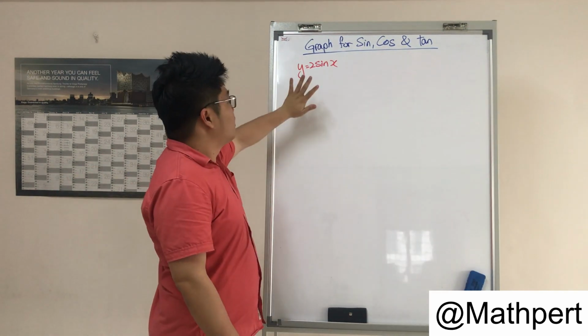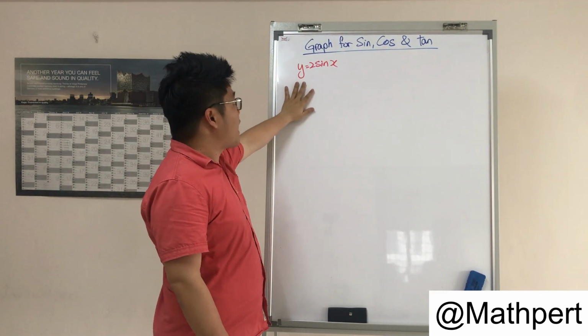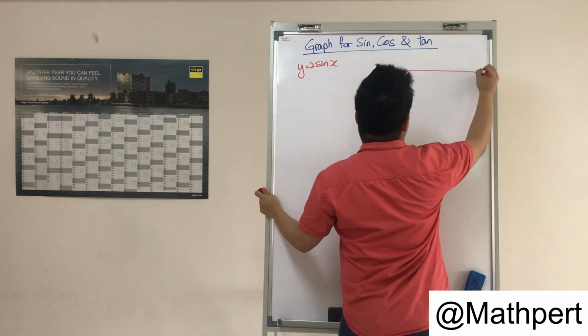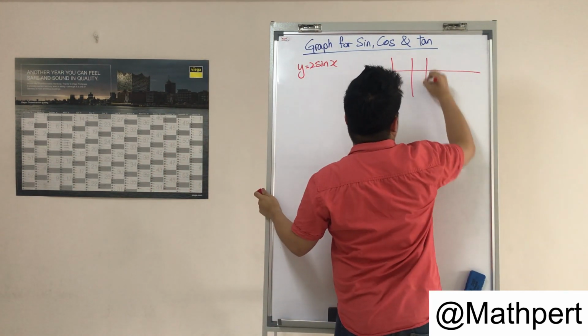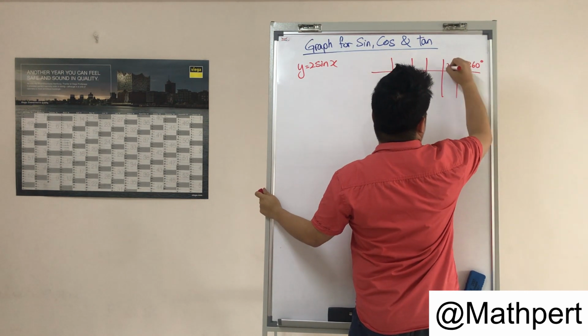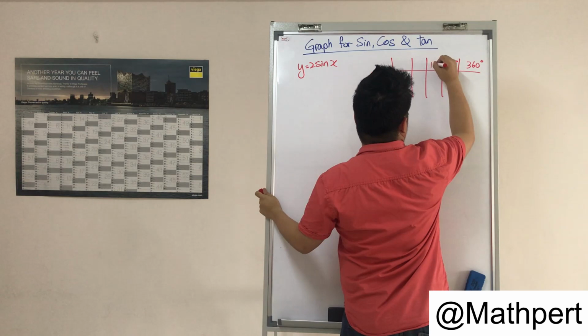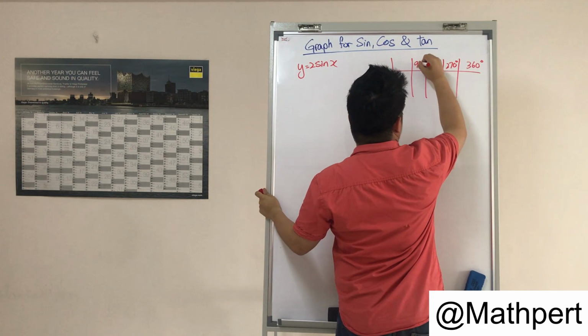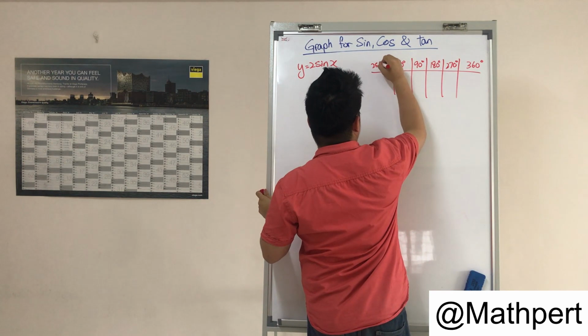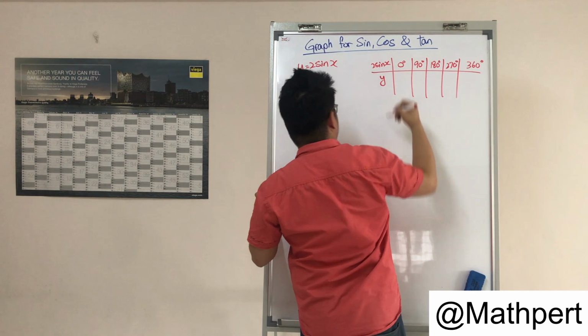Now let us sketch this graph: y equals 2 sine x. 360 degrees, 270 degrees, 180 degrees, 90 degrees, 0 degrees, 2 sine x, the y value.